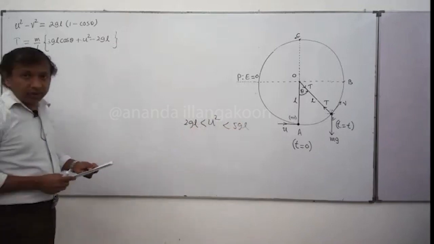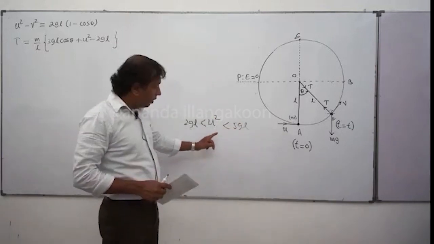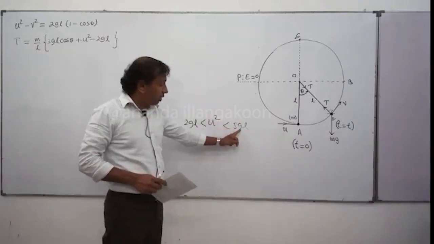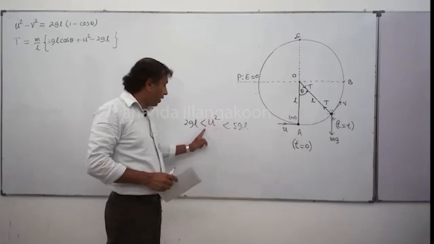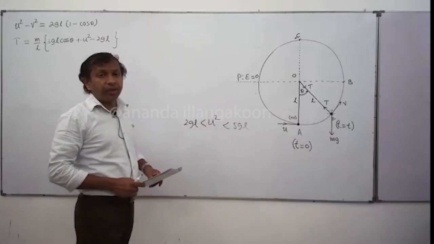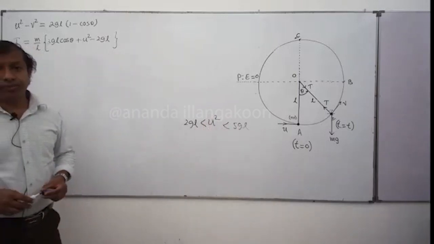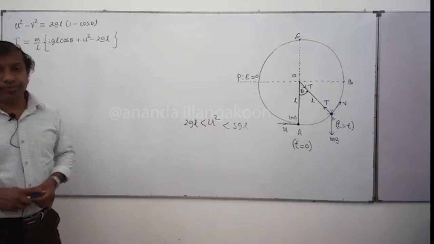If our initial velocity u is such that its perfect square is less than 5gl but greater than 2gl, we are asked to show that the particle leaves the circle and moves as a projectile under gravity. That's what we need to prove.